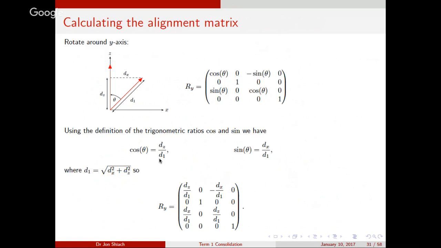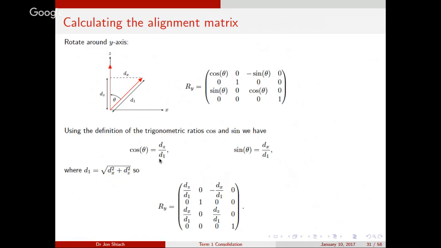So we need cos theta and sine theta, or do we? I keep saying cos and sine are quite expensive calculations. Well, what we can see here is that we have a right angle triangle. So this is our angle, dz must be the adjacent side, dx is the opposite side, and the hypotenuse is what I've called d1, which is Pythagoras' theorem, dx squared plus dz squared.